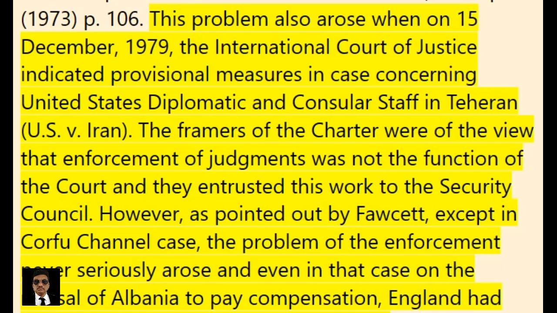However, as pointed out by Fawcett, except in Corfu Channel case, the problem of the enforcement never seriously arose, and even in that case on the refusal of Albania to pay compensation, England had confiscated Albanian money in England.